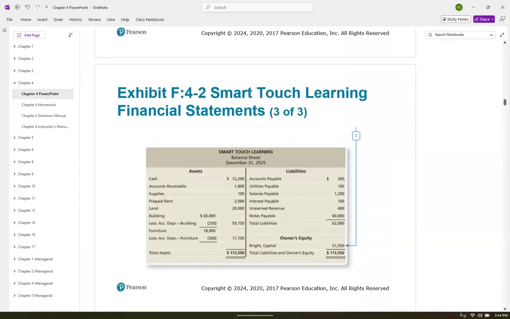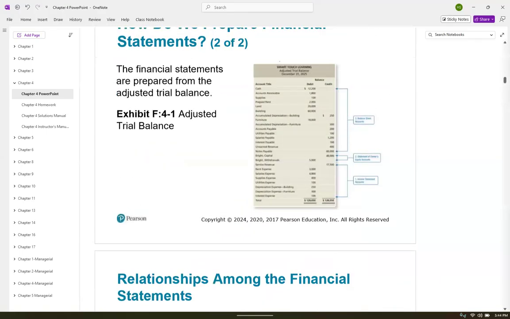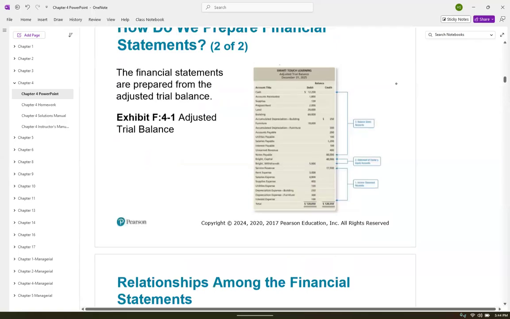Okay. So now we're going to look at a balance sheet. This is not the classified balance sheet yet. So we have our assets over here equal to our liabilities plus our owner's equity. We have to have that number right there that comes from the previous statement. Lots of students will come back up here and they'll look at what was that capital account right there. They'll look at that and think that's the number, and then they don't balance.